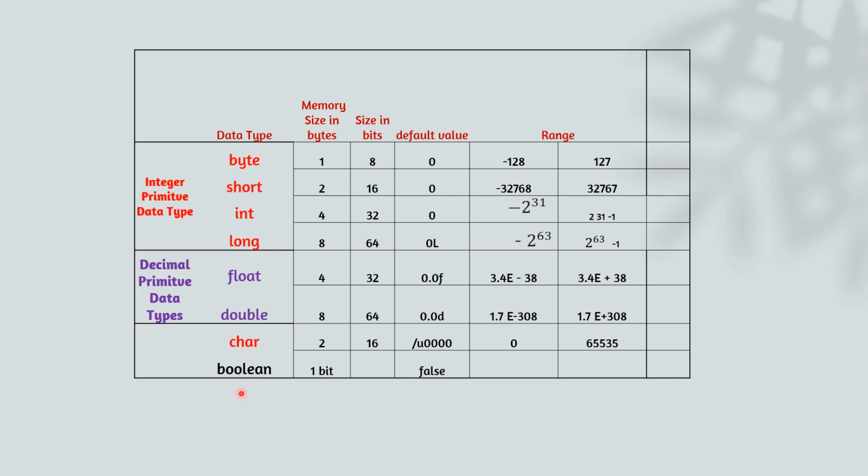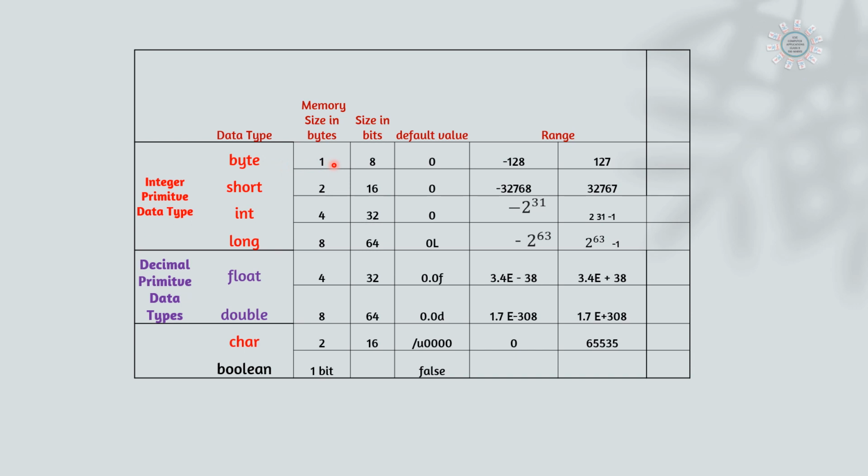The next question that can be asked is, what is the size of the primitive data types in bytes and bits? Take care, if it is asked in bytes, you have to write in bytes only, don't write bits. And if it is asked in bits, then only you will write bits. So read the question carefully. Here you learn the bytes, and if it is asked in bits, you can multiply with 8. 1 byte means 8 bits.